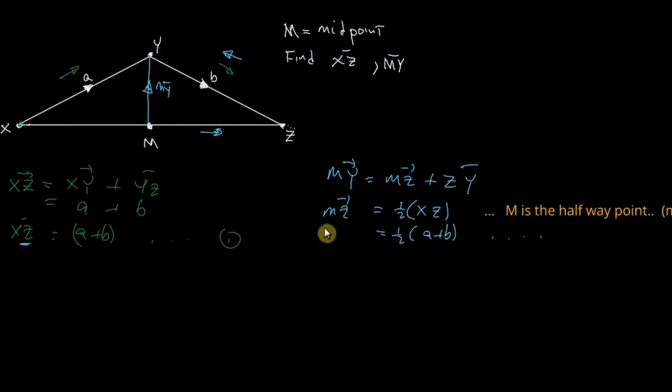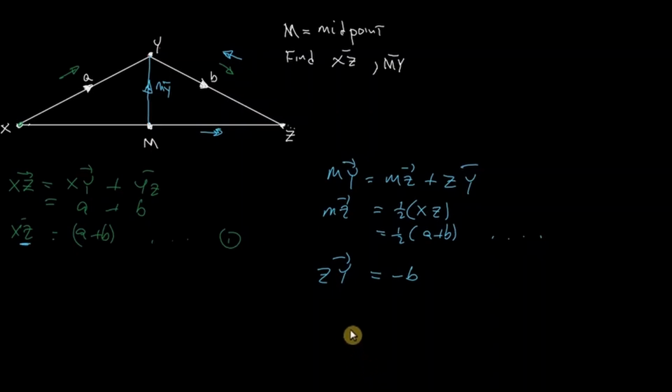So that's M to Z. Now we need to find Z to Y. Notice ZY is opposite of the vector YZ, which is b. So ZY is the inverse vector, or minus b. We're going in the opposite direction, so we attach a negative sign to indicate that.